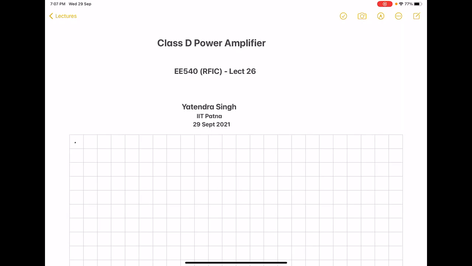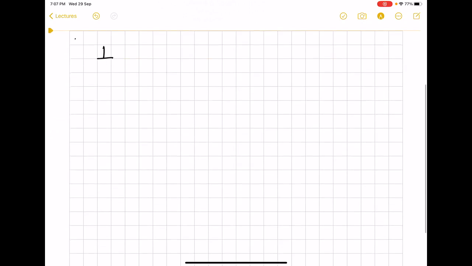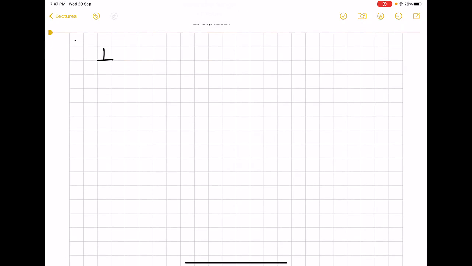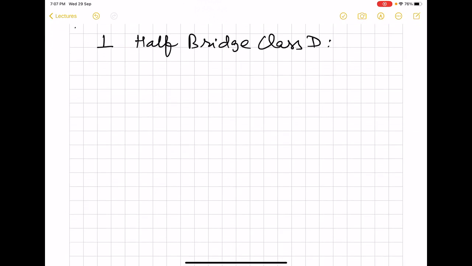So first, the circuit that we will study is called half bridge class D. We will study this circuit for the efficiency, output power, and stress.